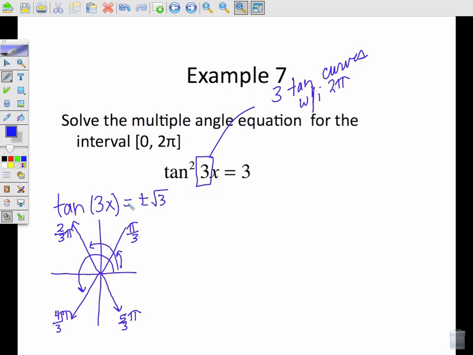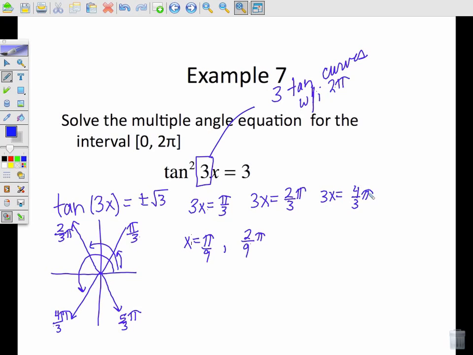And then one more time at 5/3 pi. All right, but that's just giving us the values when they're equal to 3x. So we've got 3x would equal pi over 3, and if that's the case, then x would equal pi over 9. 3x would equal 2/3 pi, and then x would equal 2/9 pi.